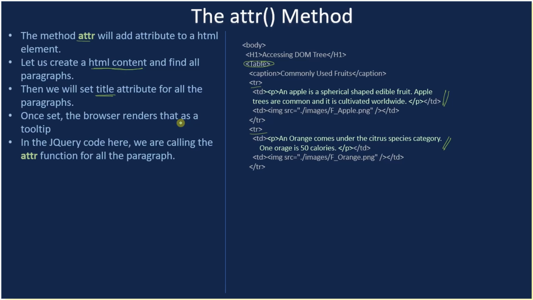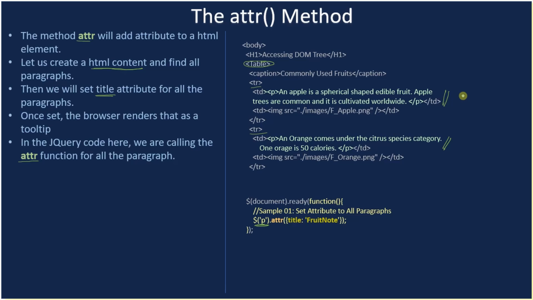In the jQuery code here, we are calling the attr function for all paragraphs. $("p") will select all the paragraphs.